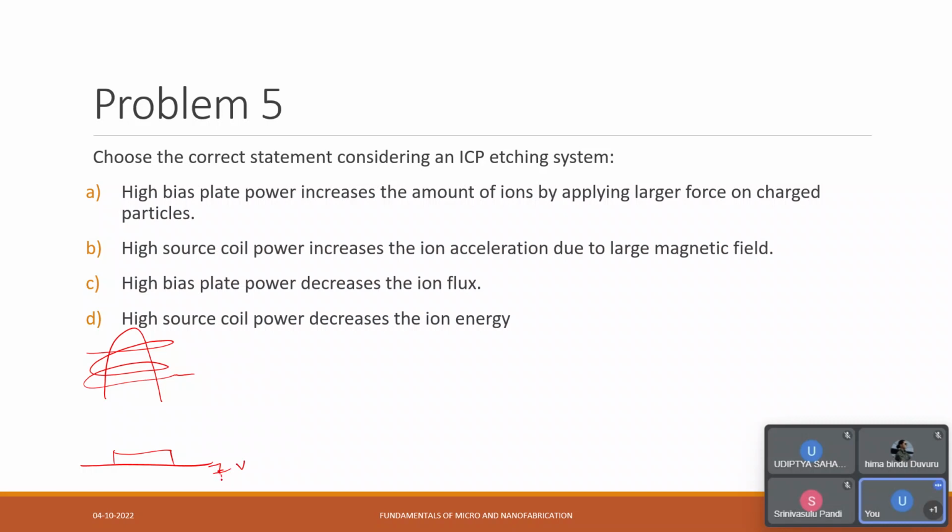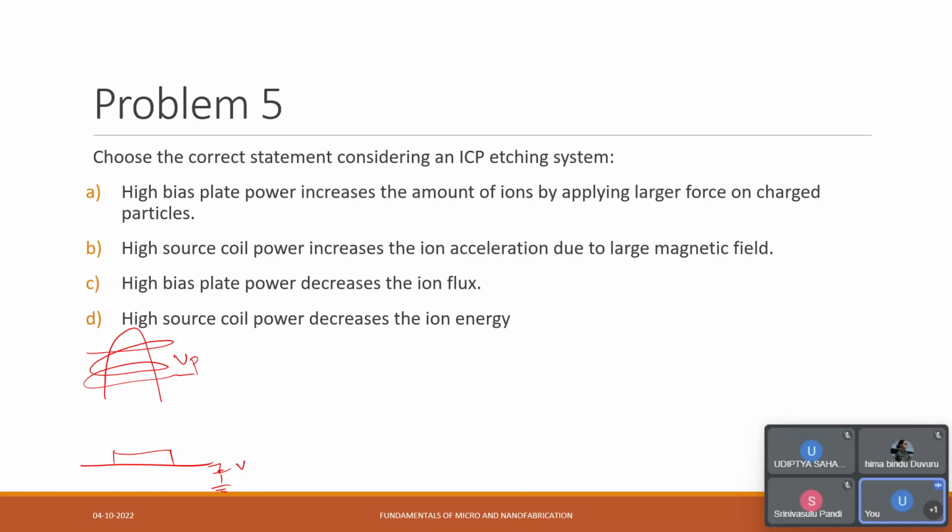Bias voltage is there, and this is the plasma potential. Plasma is produced here, and it is coming for etching here.